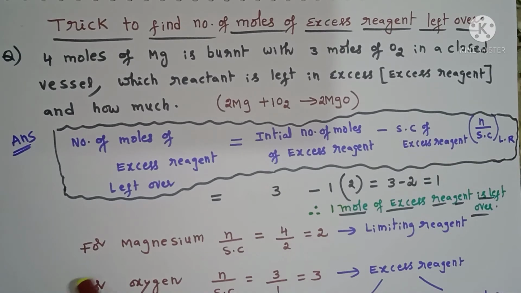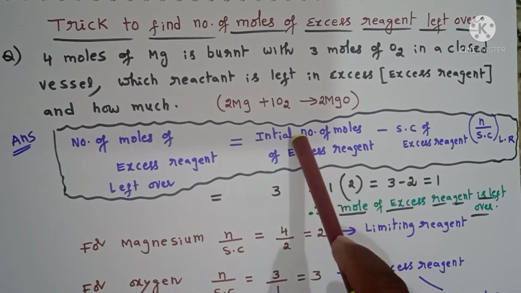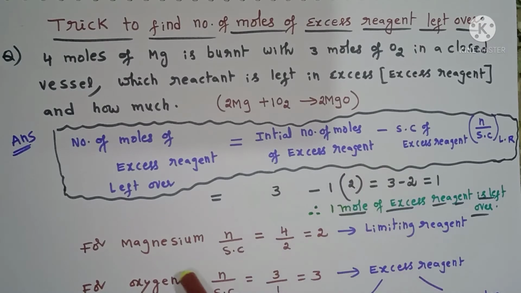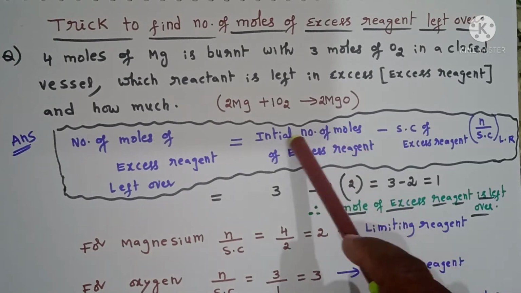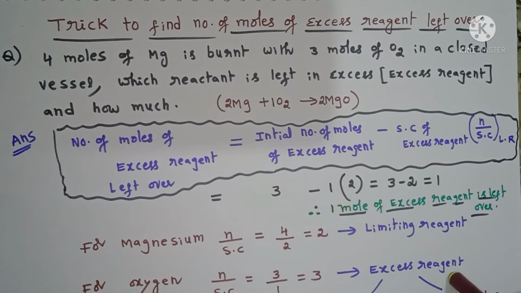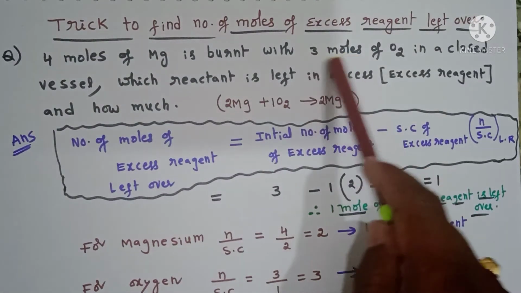See here, initial number of moles of excess reagent. In the previous question, we discussed which one is the limiting reagent and which one is the excess reagent, and how to find them. So here the initial number of moles of excess reagent: the excess reagent is oxygen, and it is given as 3 moles.